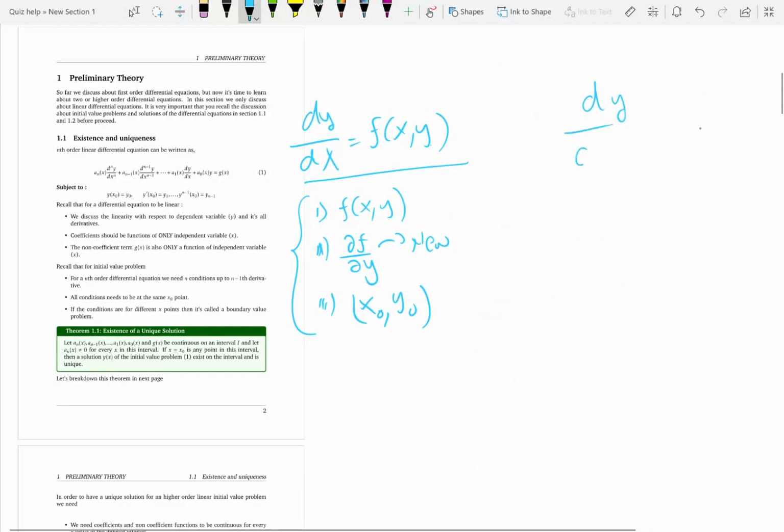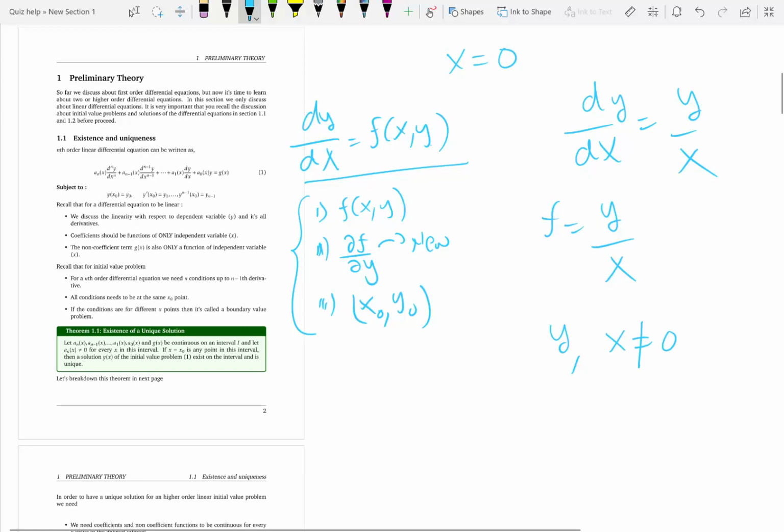Okay, let's do a quick example. dy over dx is equal to y over x. So f is y over x. f is not continuous when x is equal to 0, so you need a region where x is not included. You can choose any y value, but x not equal to 0.